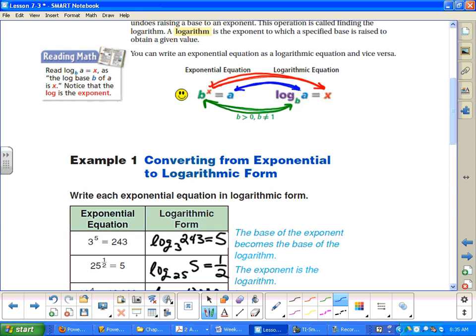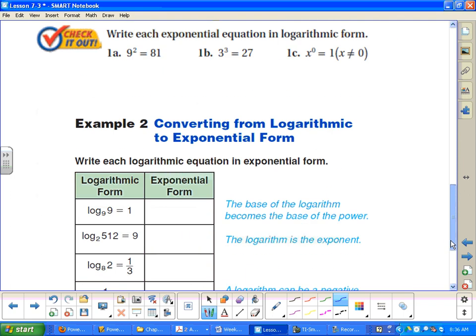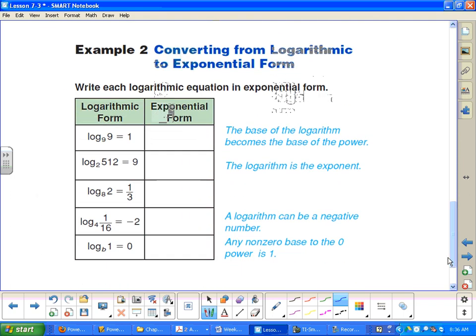They switch back and forth both ways. So with a base of 9, I'm going to say 9 raised to the first power is equal to 9. The one thing to remember is that these always have to be true statements.